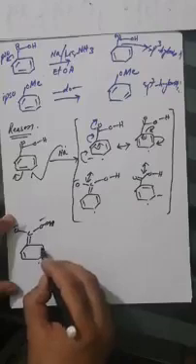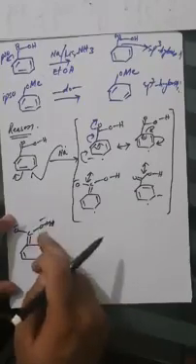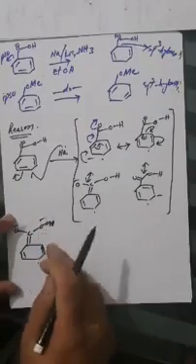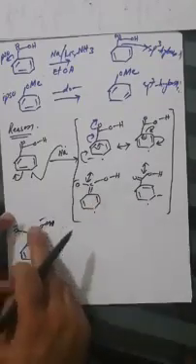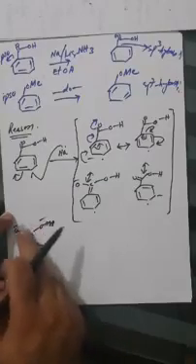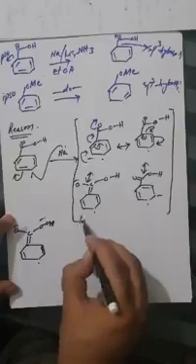This resonating structure, because of these two negatively charged oxygens, they repel each other, so it becomes less stable.